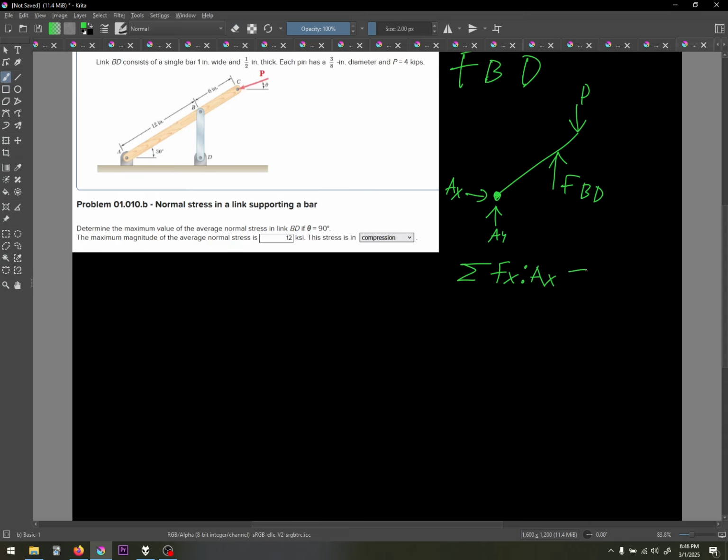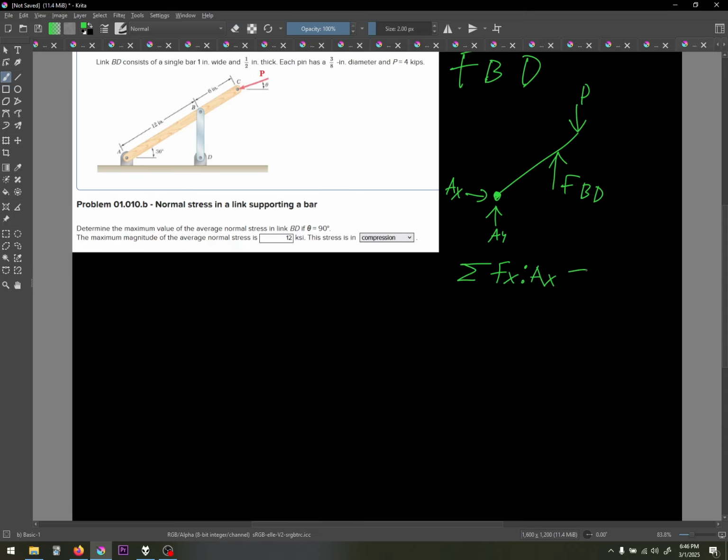Now, we can take the moments, right? Or no, we can do the sum of the forces, right? Along F_B. Well, it's going to have to be this angle here. We're going to have to remember this is 30 degrees.